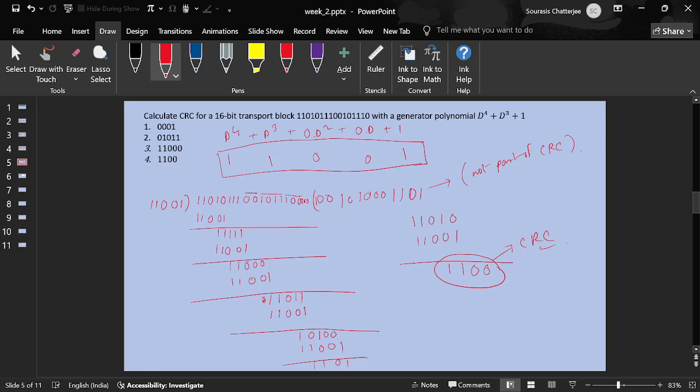And what if the remainder is non-zero? What will happen? Error is there. So in that case, what will happen? ARQ, or HARQ? It will repeat the transmission depending upon the scheme.